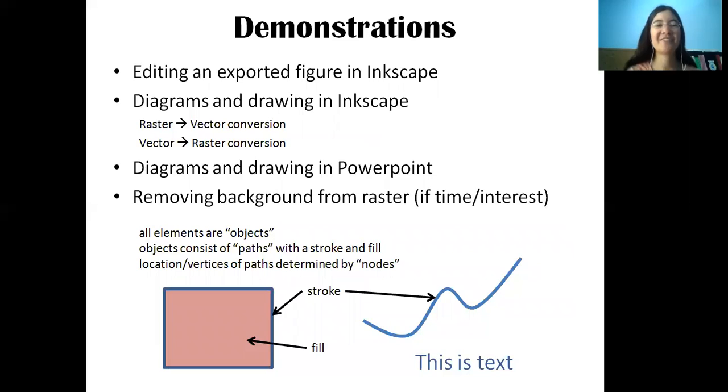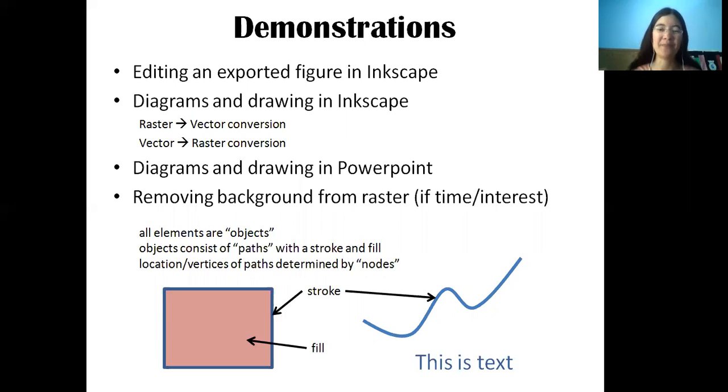So I put this down here to remind me, to tell you that when you're working in vector, and specifically in Inkscape, all of the elements that are in your image are referred to as objects. So this square is an object, line is an object, text is an object. The objects consist of what's called a path, which is the outline of the shape or the line itself.